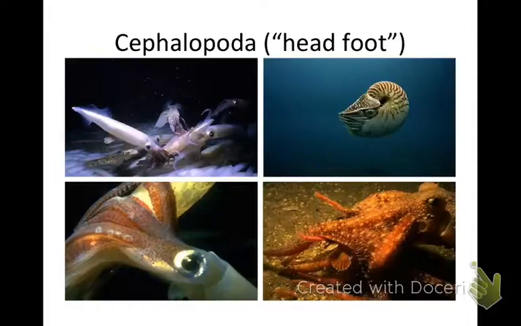Cephalopoda. These are actually called head-foot organisms. And these are the squid and the octopus and something called a nautilus, which we'll talk about a little bit in just a second. Alright, so most of these are aquatic, and they are carnivorous predators with beaks. That beak is there to help, and I'll show a video of an octopus eating a hermit crab tomorrow.